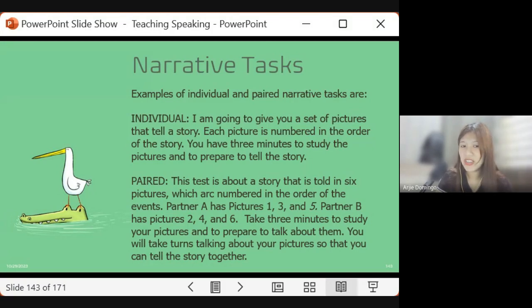So partner A could have pictures 1, 3, and 5, and partner B could have pictures 2, 4, and 6. They will also have 3 minutes to prepare. And as a teacher, you will be assessing how well they describe or narrate what happened in the pictures or in the story together.